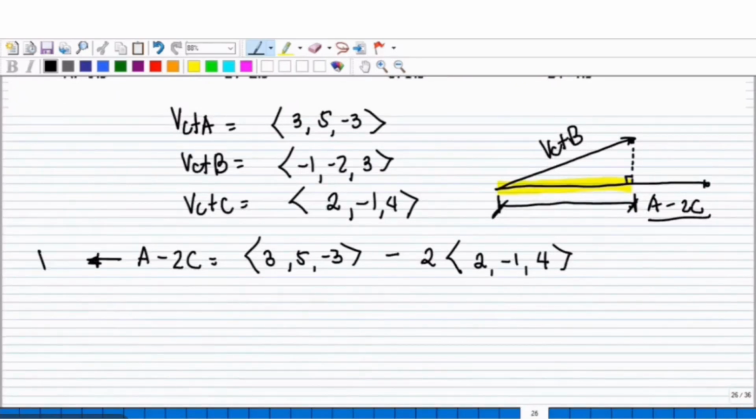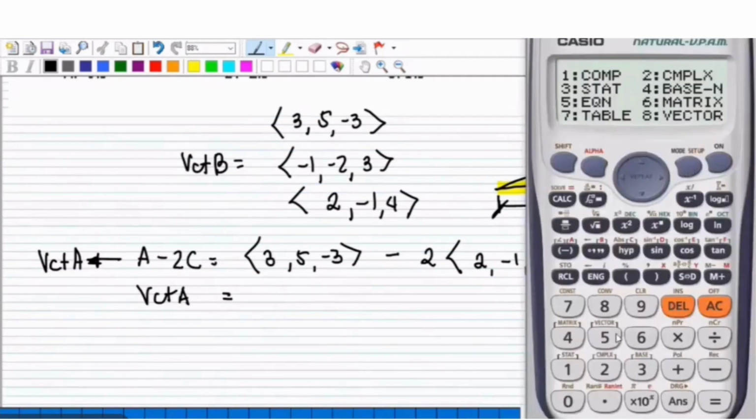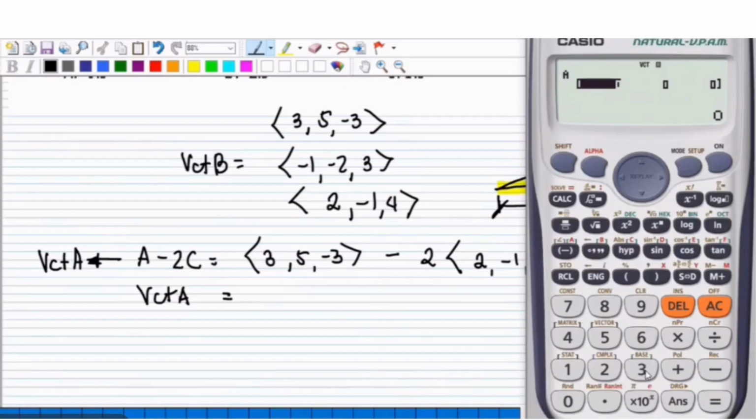Let's call this na lang as vector A na lang ulit. Okay? So, hindi ko na muna i-declare si vector A at saka si vector C. Ayan. So, kaya ito ng mano-mano. Okay? So, vector A is equal now to what? Vector A tayo. So, 3 dimensions. So, this is 3 minus 2 times 2. So, negative 1.